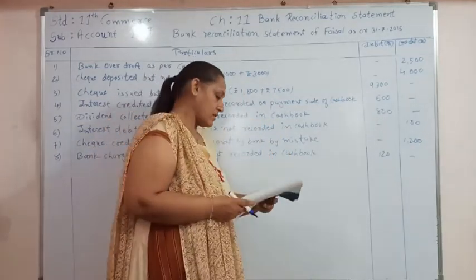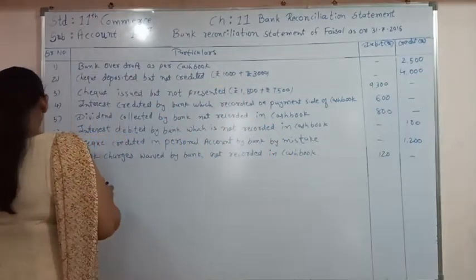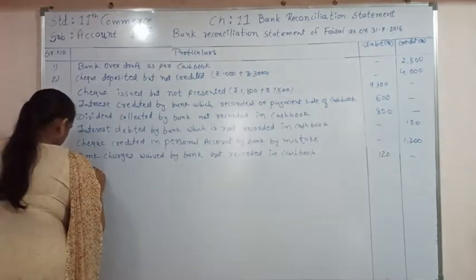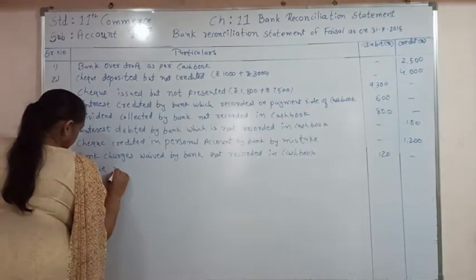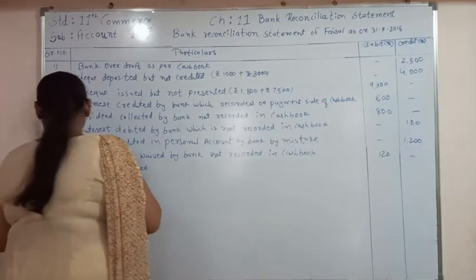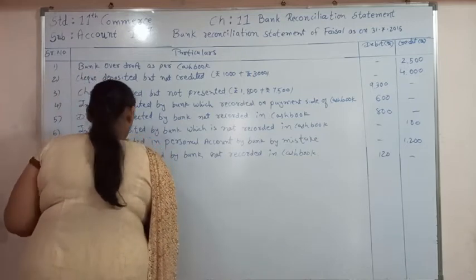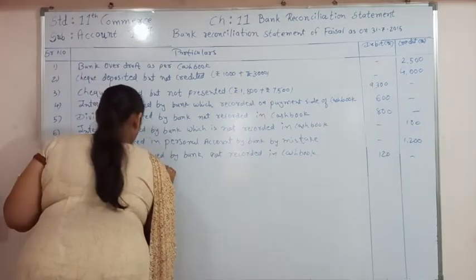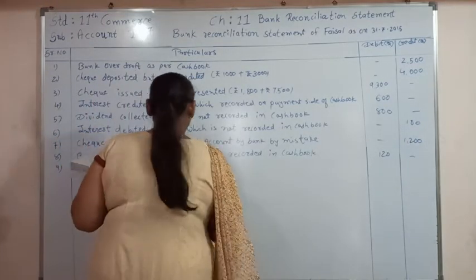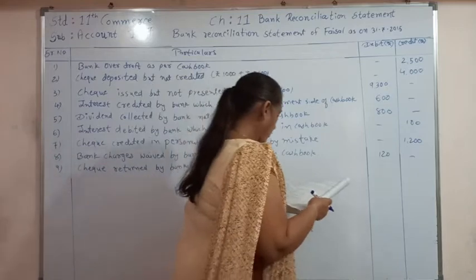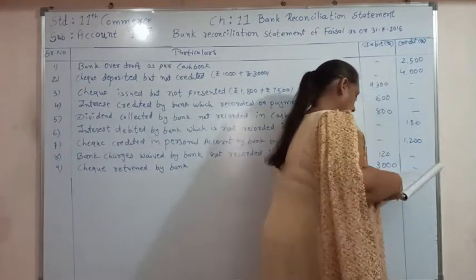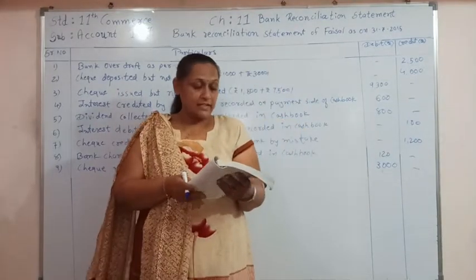Number 9, check returned by bank. So that will be of rupees 3000.